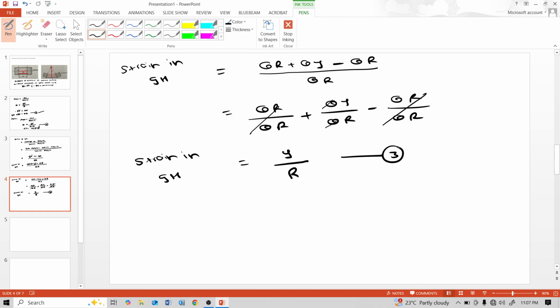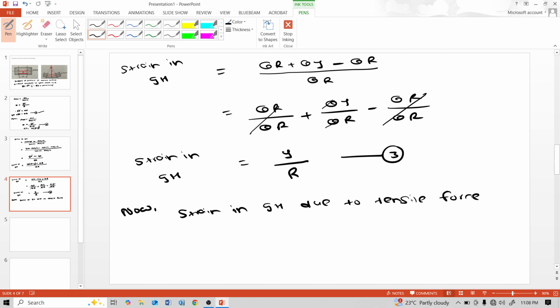Next, strain in GH due to tensile force.